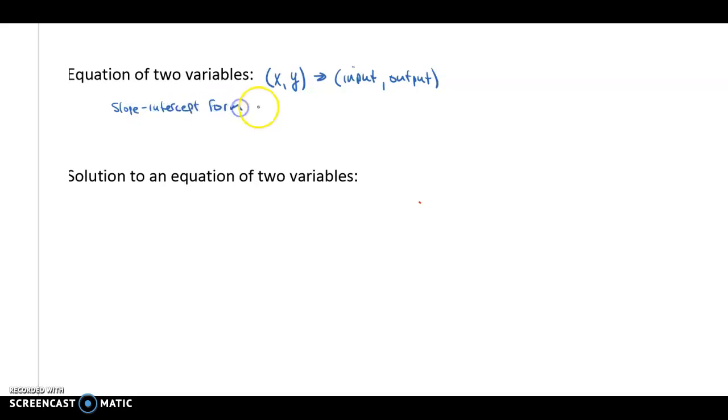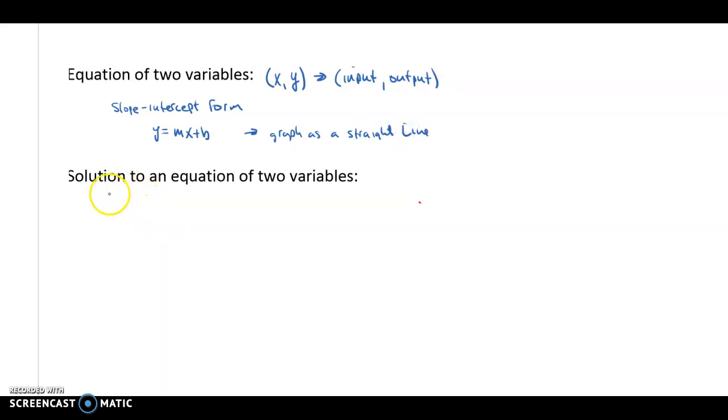And this equation in two variables is always y equals mx plus b, right? And when you're in this form, it's always going to graph as a straight line. And we'll see that in a minute here.